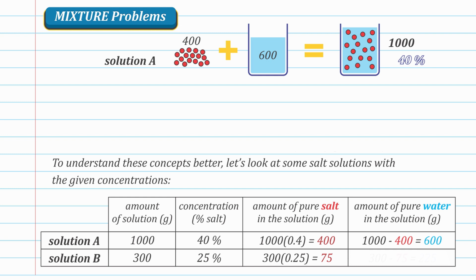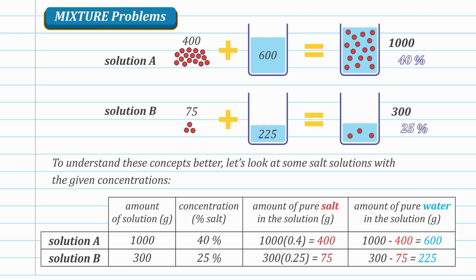To easily compute the amount of pure water, we subtract 75 grams from the total 300 grams. Thus, we see that there are 225 grams of pure water. This means then that mixing 75 grams of pure salt and 225 grams of pure water will produce 300 grams of salt solution B, that with a salt concentration of 25%.